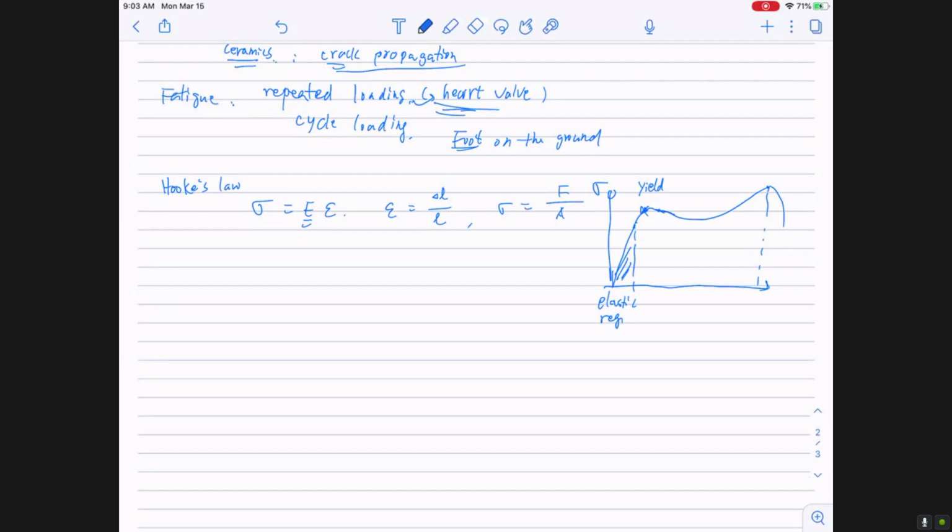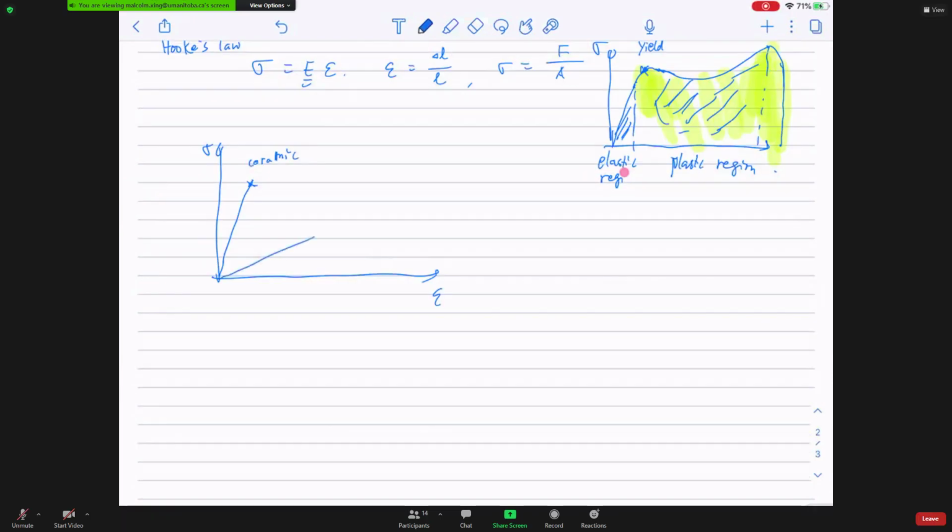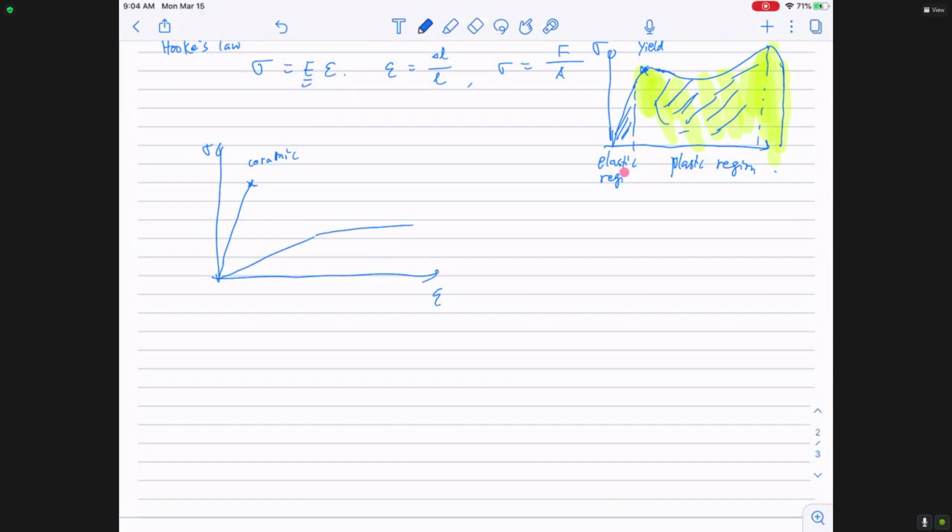And we generally have different materials, and we have the stress-strain curves. We have very brittle materials like ceramic, and a little bit different for alumina.